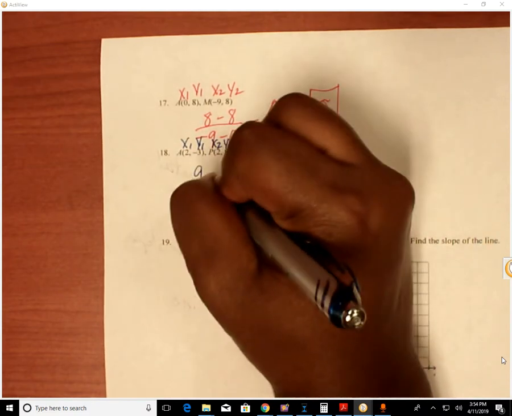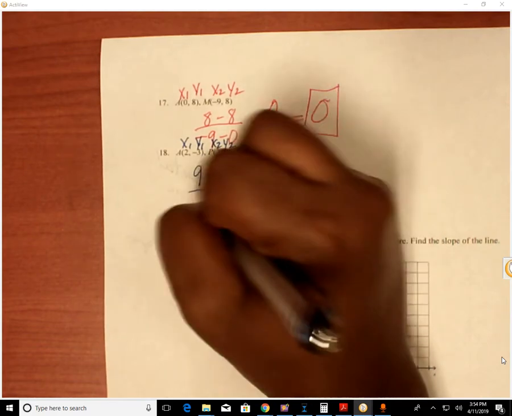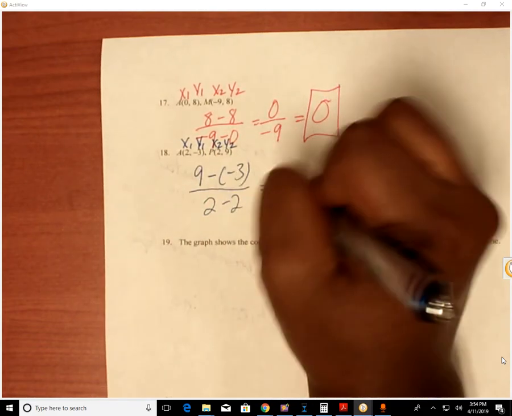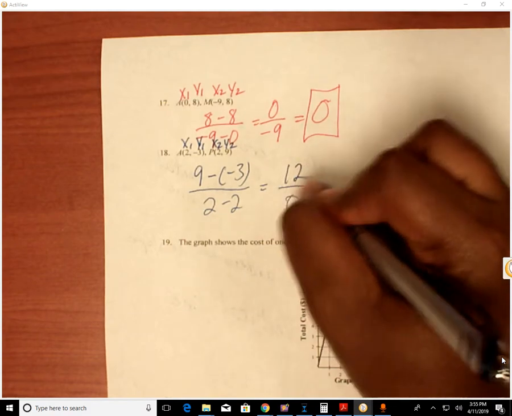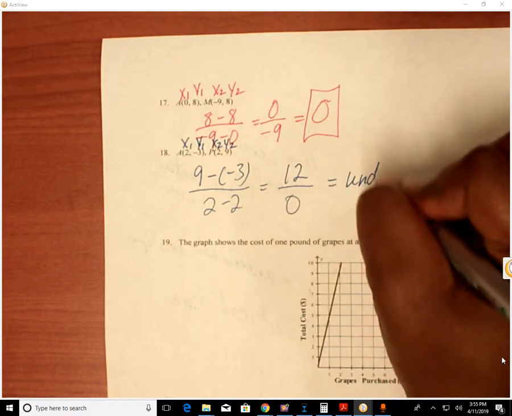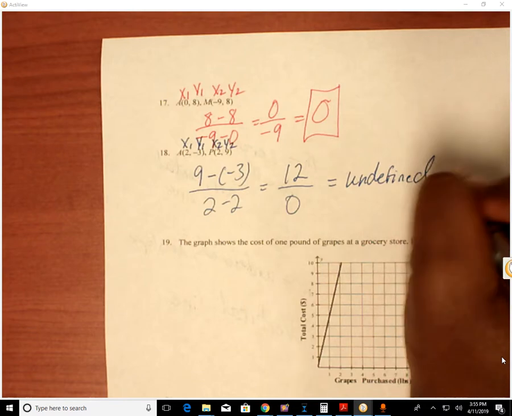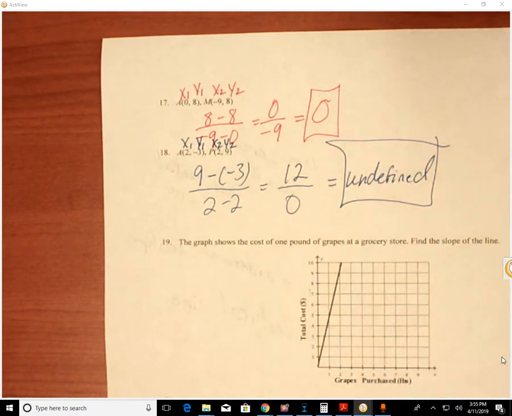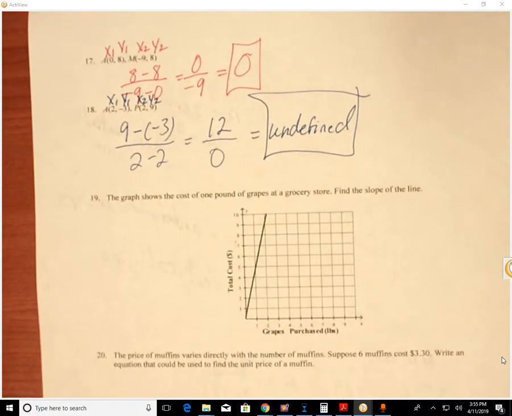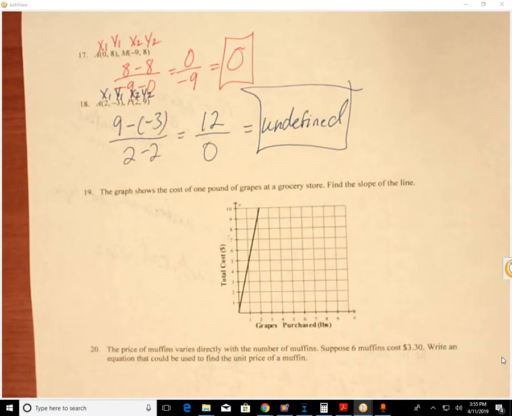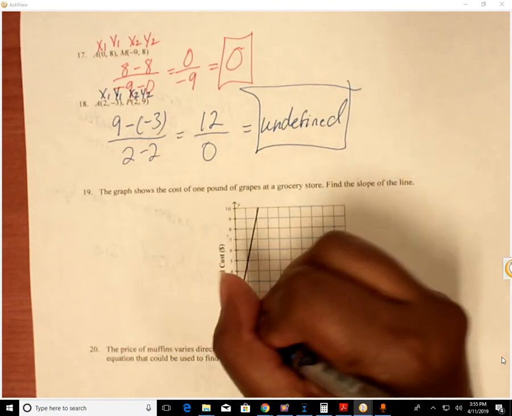So we have 9 minus negative 3, and then 2 minus 2. Then we have 0 on the bottom, and 12. That means that is undefined. Remember, you cannot divide by 0. So that is a vertical line. Everybody talked to Siri enough about Cookie Monster and those 0 cookies. You cannot divide by 0. It's undefined or no slope.